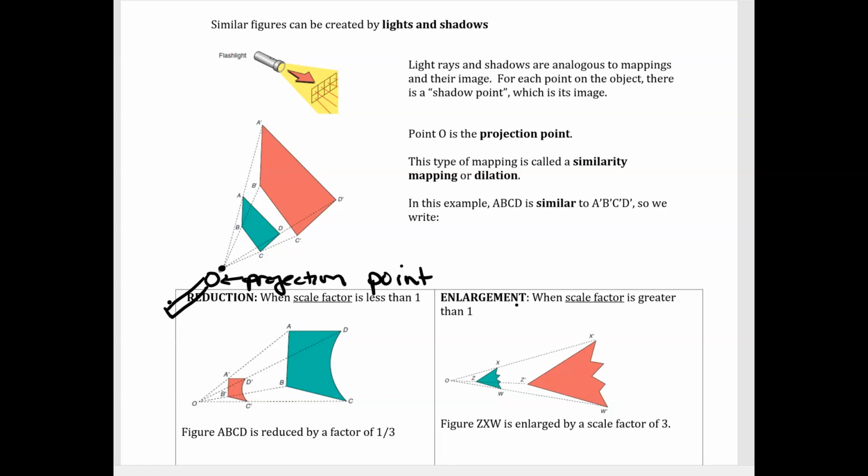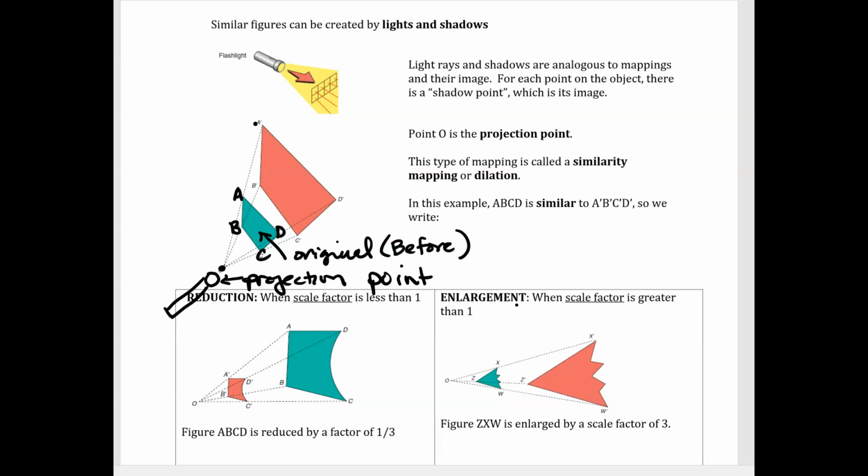The way that you tell is you just look at the letters on the shape. If it uses regular letters like A, B, C, and D, this is what we call our original. So that's our original figure, or the before, okay? Before we do anything, the original.